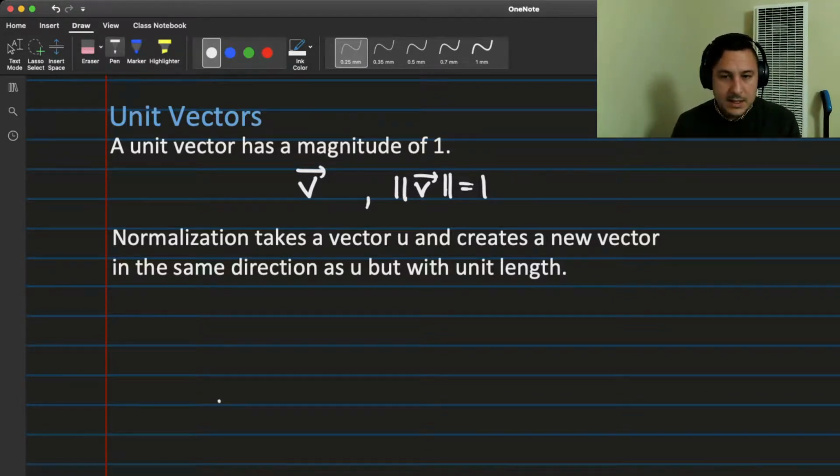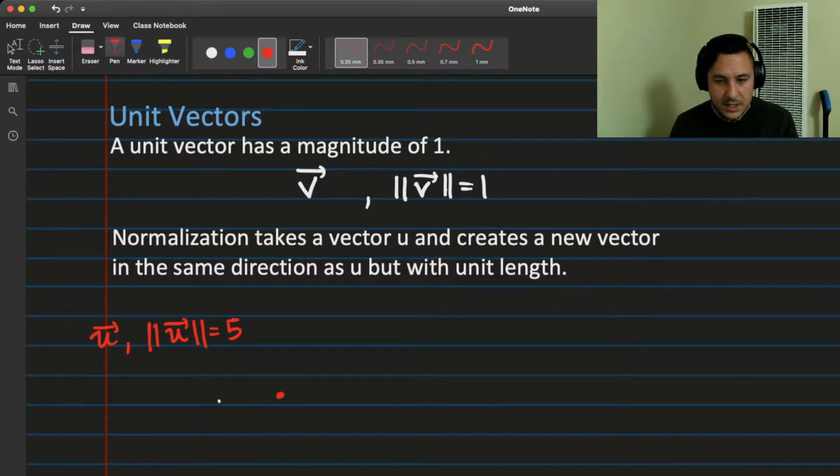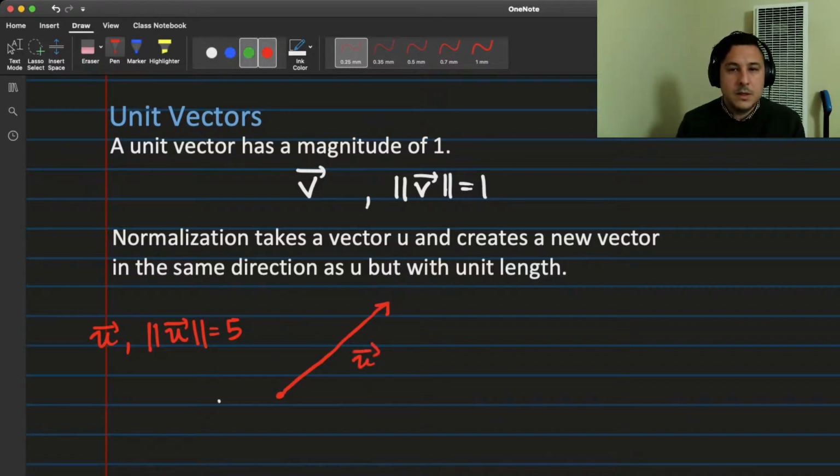So let's make up a vector. Let's say that you have some vector u, and the magnitude of u is 5. So let's say u starts right here and ends right there. All right, there's your u. Well, u has length 5. 1, 2, 3, 4, 5.